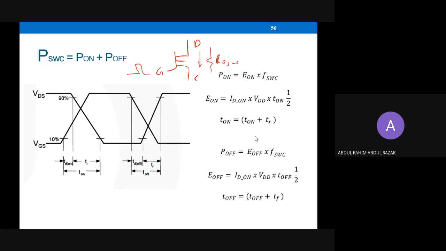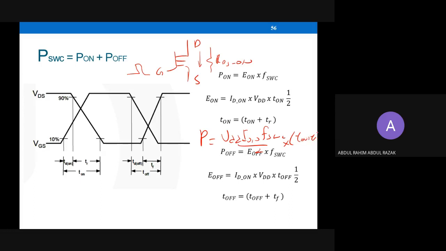Same goes to P off. If you rearrange the formula, P on will be VDD times I on times F switching divided by 2, times T delay on plus T rise.